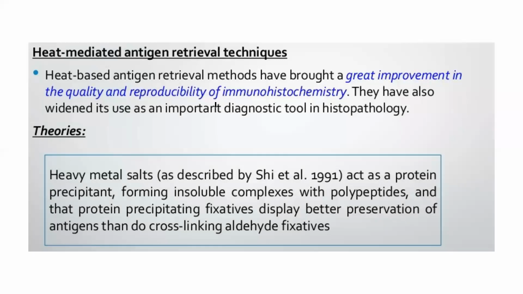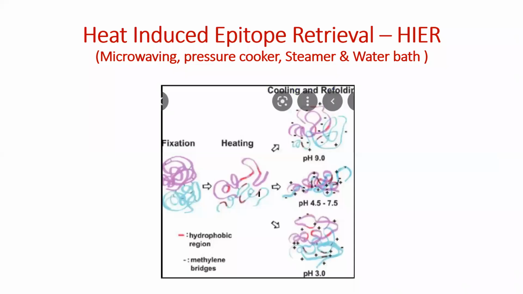So I will show you in a diagrammatic way. See here, so fixed, then we heated. Because of heating, the tissue proteins have been unfolded. Now, in order to facilitate refolding of antigen or epitopes, we will cool the antigen.